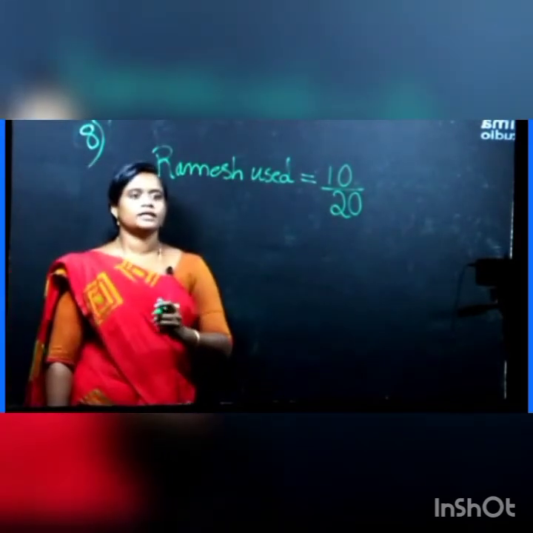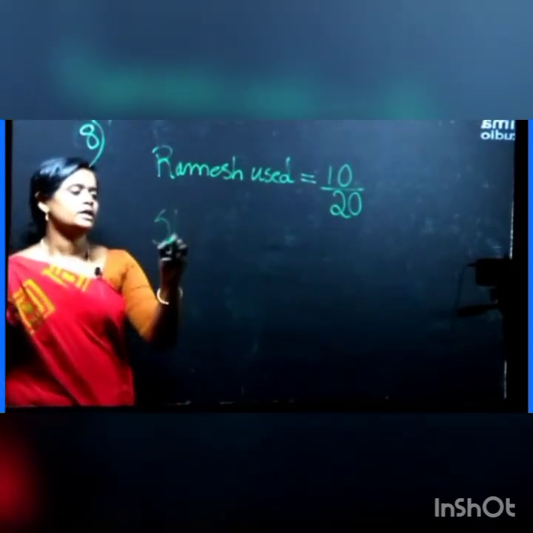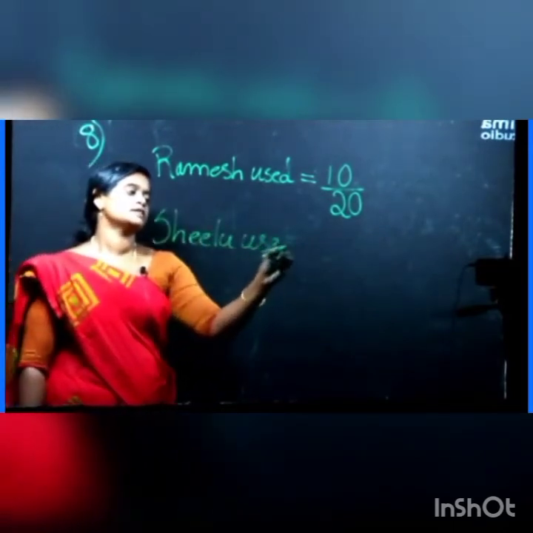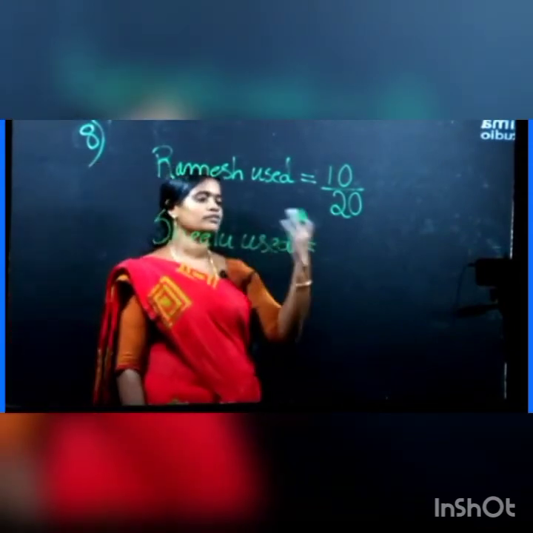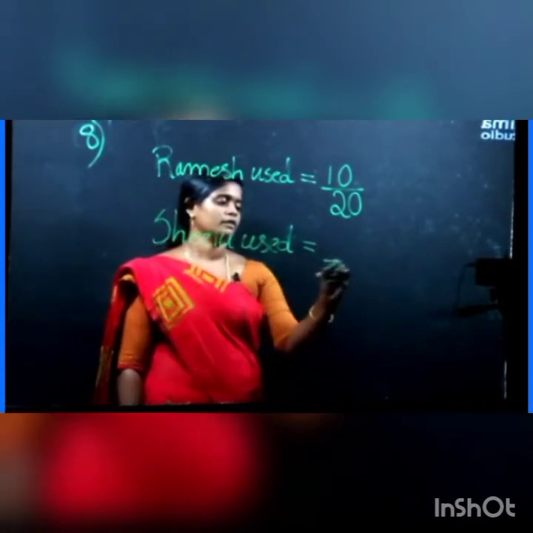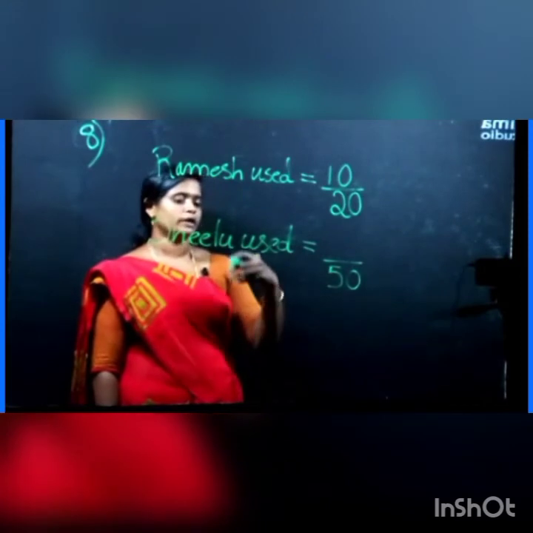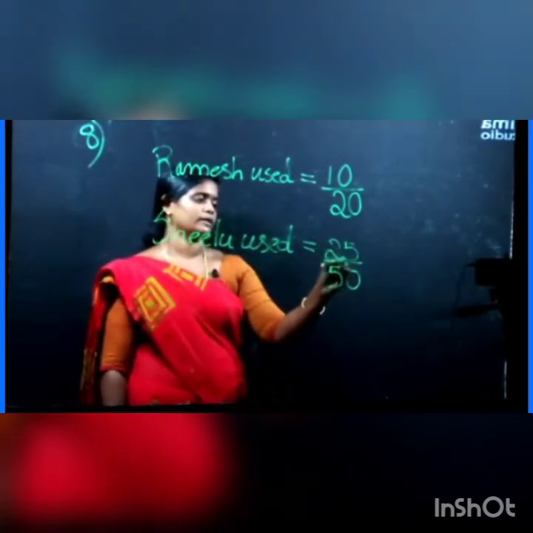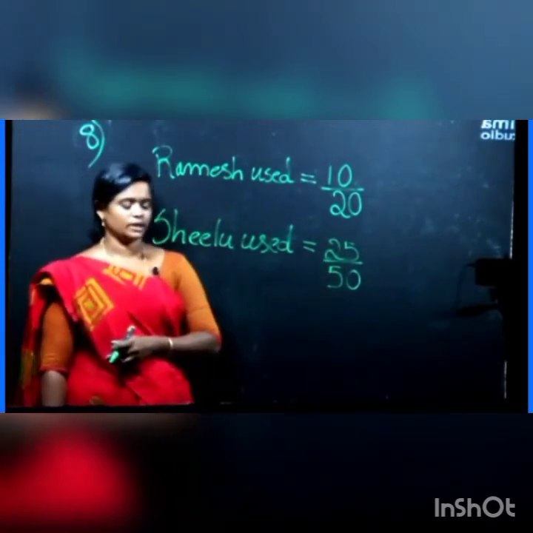Next we can check what fraction of pencils was used by Sheelu. Since Sheelu had a total of 50 pencils, out of that 50 she used 25 pencils. So we write the total, 50, in the denominator and the number of pencils used, that is 25, in the numerator. Then the fraction becomes 25 by 50.